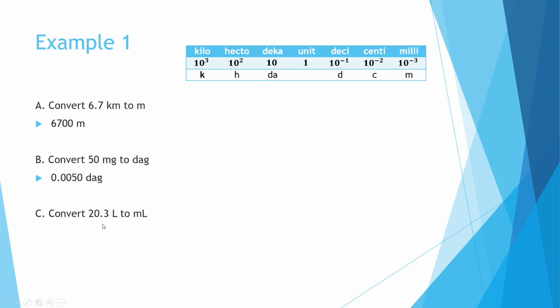Now, if I'm converting from liters to milliliters, that is 1, 2, 3. So moving the decimal place over 3 times, and it's going to make it look larger. So it'd be 20,300 milliliters. So all you do when you're converting within the metric system is you just move the decimal place. You can do that because it's a base-10 numbering system. Makes it pretty easy.